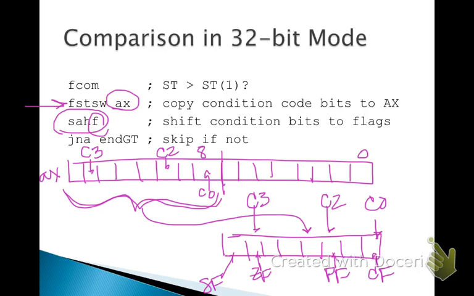So, this instruction copies AH into the low order 8 bits of E flags. Okay, making it possible now for us to use conditional jump instructions. Again, because we have nothing going on with sign flag or overflow flag, this is going to make sense for unsigned mnemonics only. Okay, hopefully that makes sense.